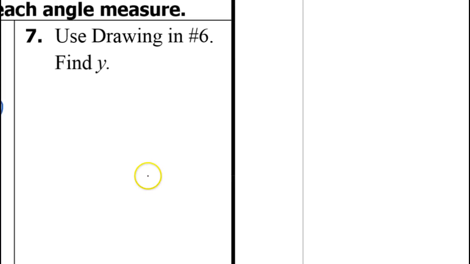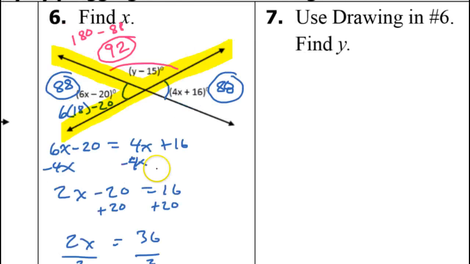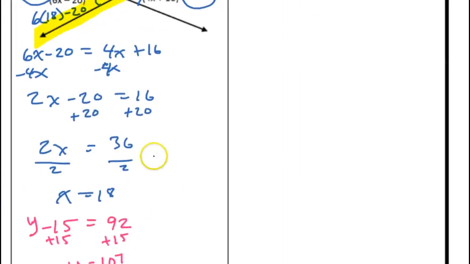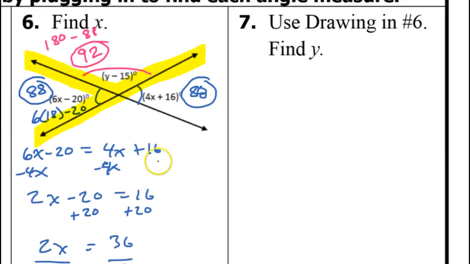Oh, ha! I didn't read ahead. I guess in problem number 7, they're asking us to look back and find y, but I already found it. So hopefully you can just look over and see what I just did over there. So y minus 15 was equal to the 92.